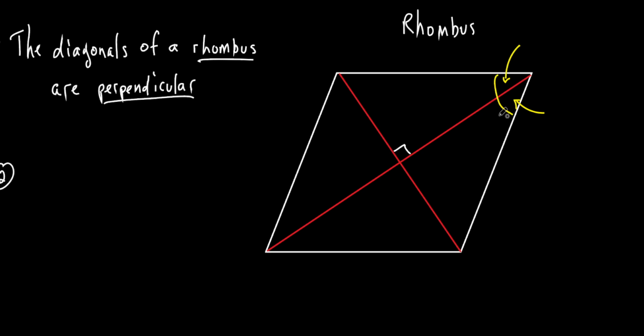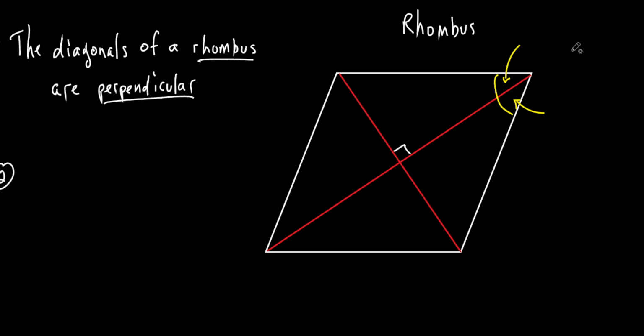What did that diagonal do to this angle right there? It split it into two equal angles. What is that word? It's bisect, right? So that diagonal bisected that angle. The red line right there bisected that big angle, which means it split it into two equal angles. That's right.